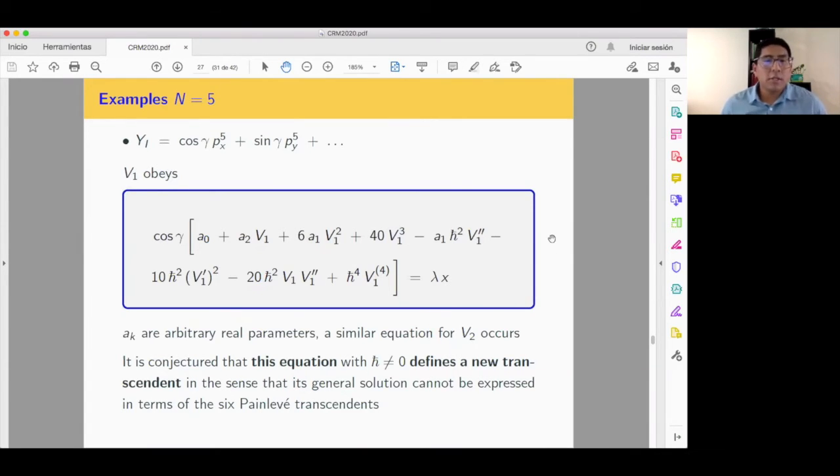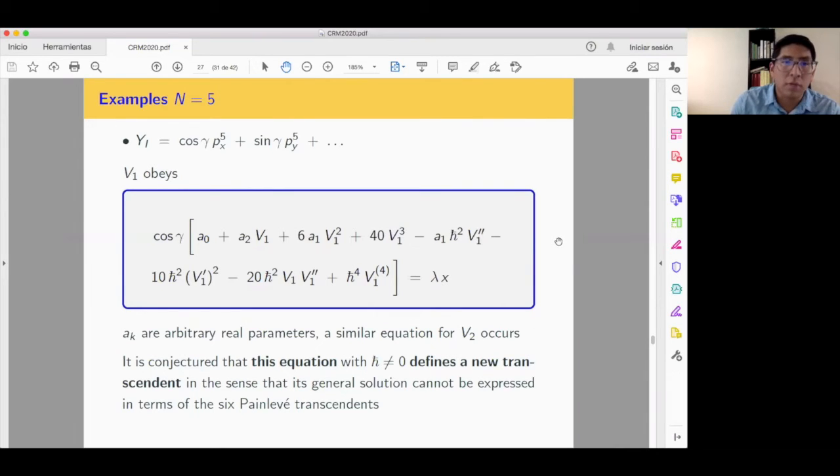The conjecture is that this equation, if h bar is different from 0, will define a new Painlevé transcendent, in the sense that the general solution cannot be written using only the 6 Painlevé transcendents. So already at n equals 5, the search for superintegrable systems leads us to very interesting equations with this property.